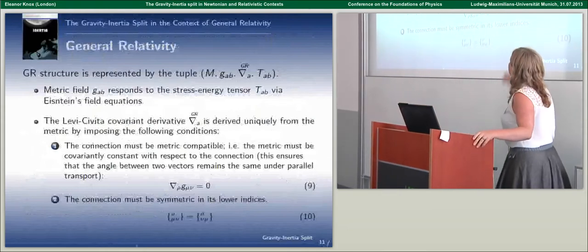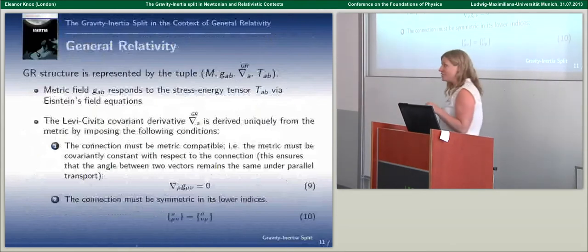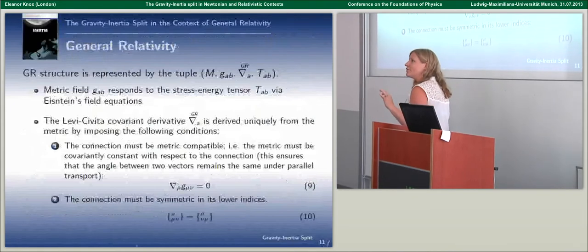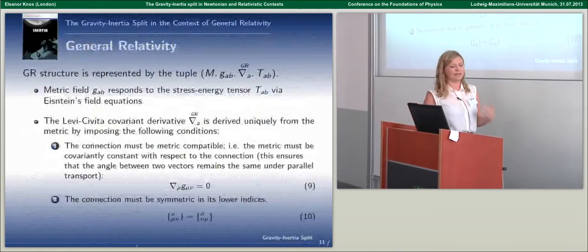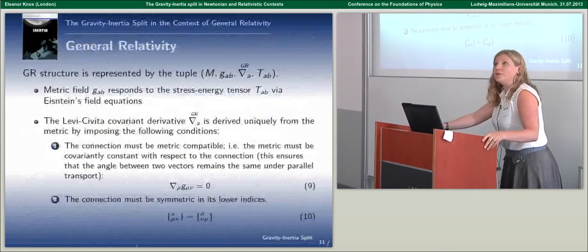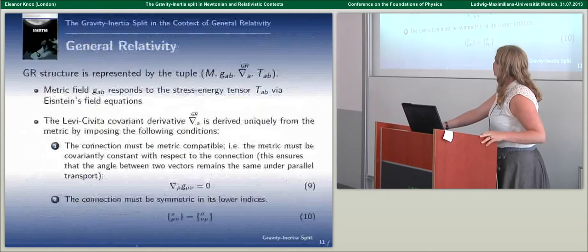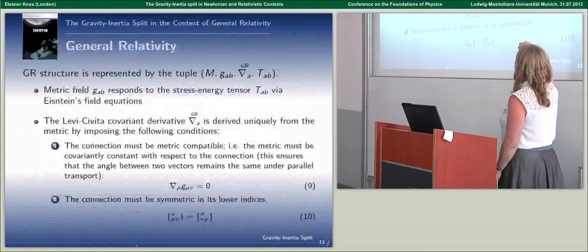Although we have a metric field that, of course, responds to the stress-energy tensor via Einstein's field equations, what's important is that given a solution to Einstein's field equations, given a metric, we have a unique Levi-Civita covariant derivative. And we get it uniquely because we impose the following two conditions. We demand metric compatibility on the one hand.